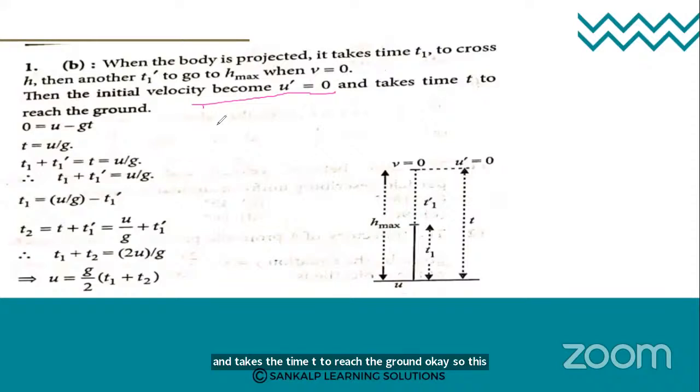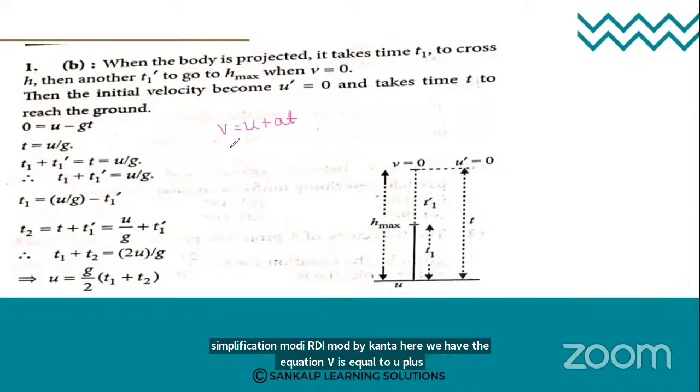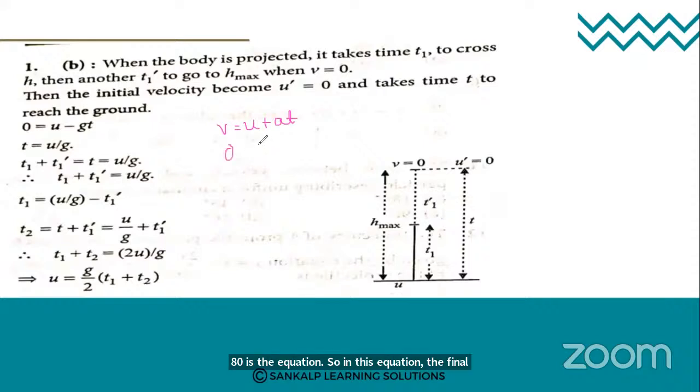Next, let's see how to simplify. Here we have the equation v is equal to u plus at. In this equation the final velocity is 0, so we make v as 0. As the body is going in the upward direction, the acceleration due to gravity will be negative, so we replace a with minus g, and the time is t.